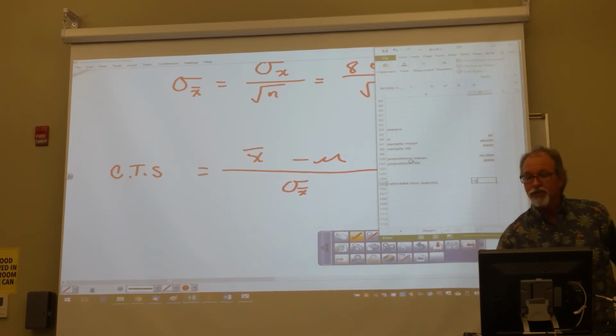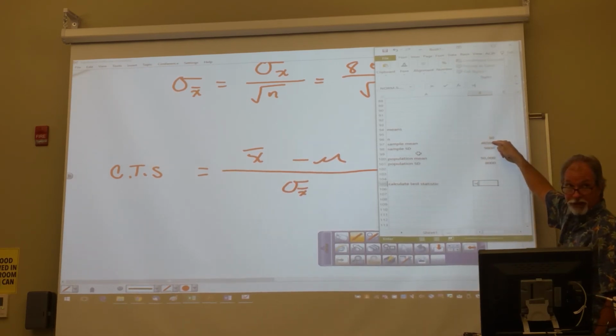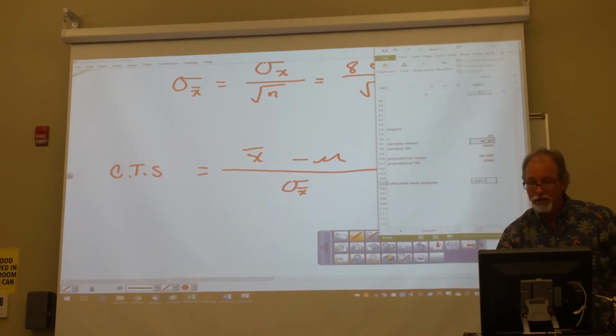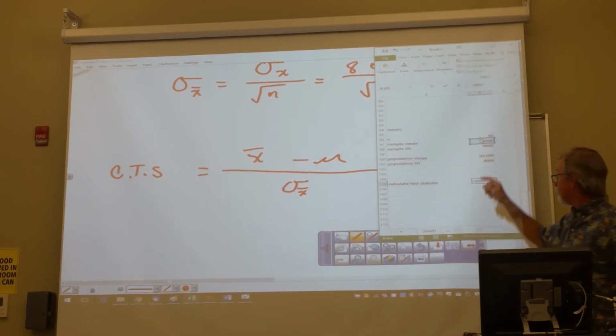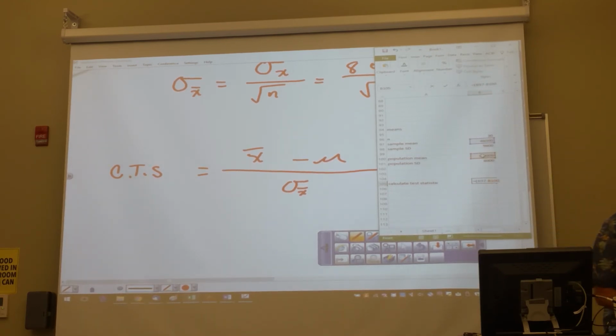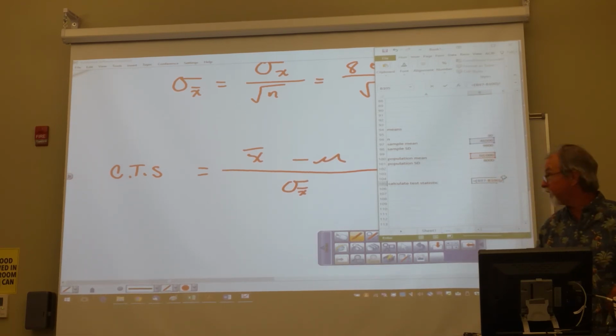I'm going to take the sample mean minus the mean, divided by the standard error.